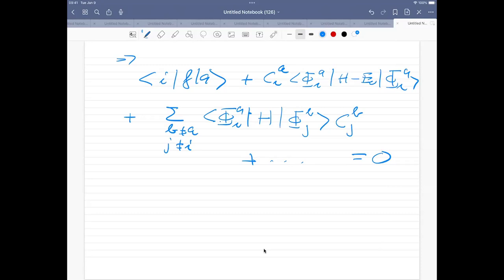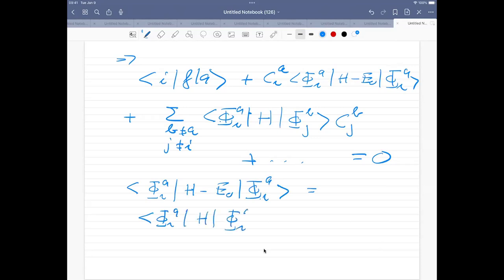Now, one of the things which you can see here when we now calculate these elements, so if we now go back to this phi IA, let's take this term first. This is something which we calculated last week. So this is obviously equal to phi of IA of H, and then we have phi of IA.